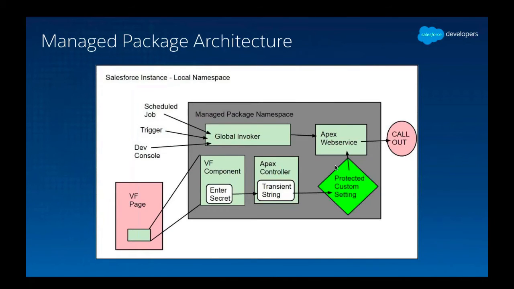So this is the same diagram with more details. As we have seen, we installed a managed package inside your org, and you are using the protected custom settings here. In order to set these settings or these secrets, what you do is you write an Apex controller inside the managed package, and you use the transient string for your variables to store the secrets.